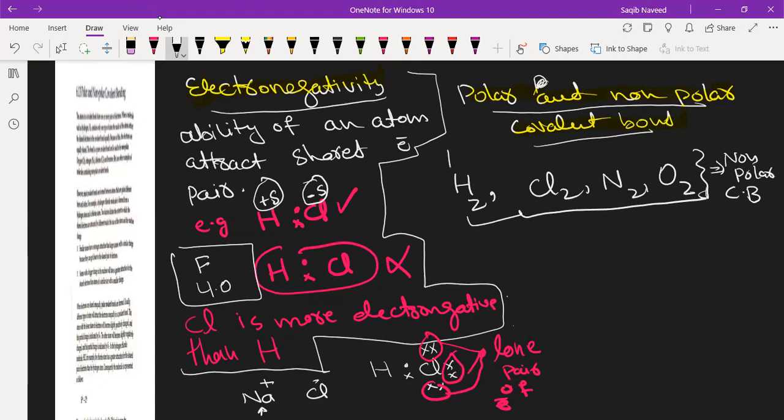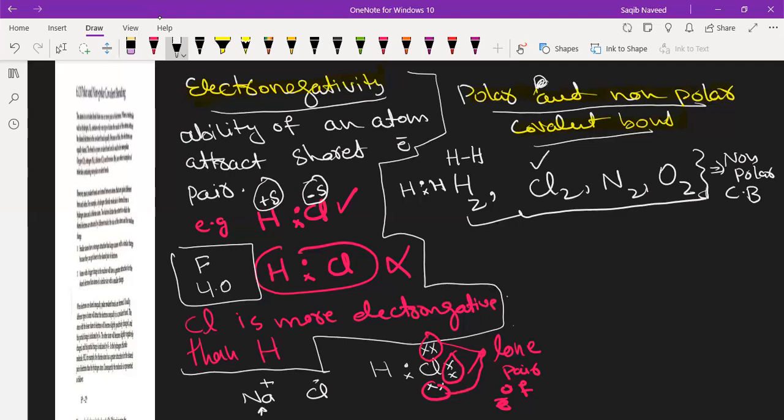Because in hydrogen it is H-H, both have the same electronegativity because both are hydrogen. In other words, the shared electron pair will remain exactly in the center, because both have the same power of attraction for the shared electron pair, right? Same is the case for chlorine.